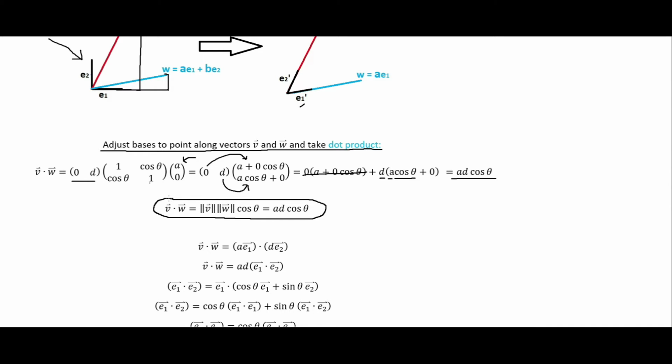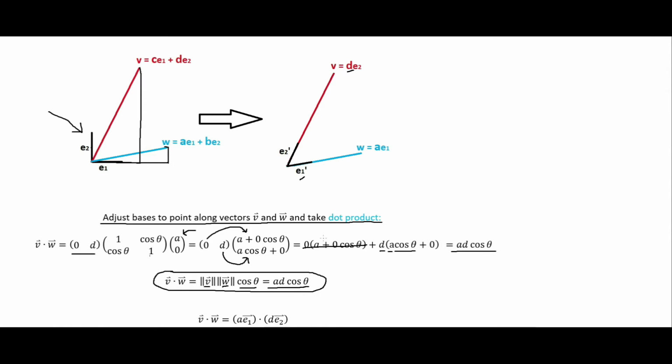And that is how we actually get, so you may have seen this as a definition of the dot product, where v dot w is just equal to the magnitude of v times the magnitude of w times the cosine of the angle between them, and so that is our ad cosine theta.